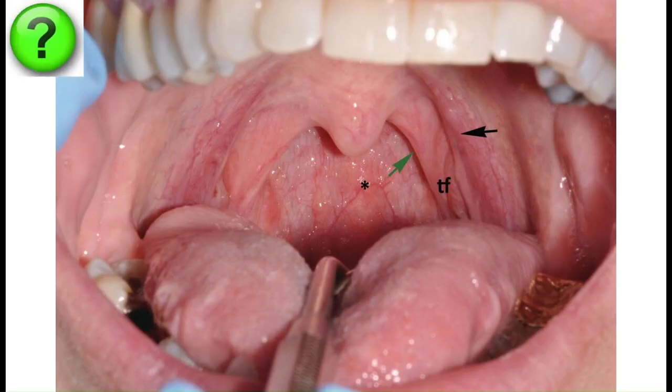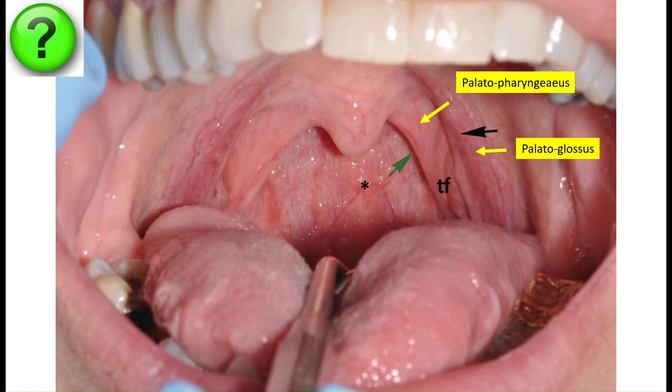What is this view? This view is back into the oral cavity, where you can see the uvula in the middle, and here is the posterior arch, the palatopharyngeus, and here is the anterior arch made by the palatoglossus, and between the two arches there is a space called the tonsillar fossa, where you can find the palatine tonsils.